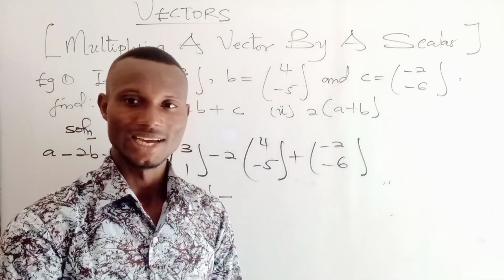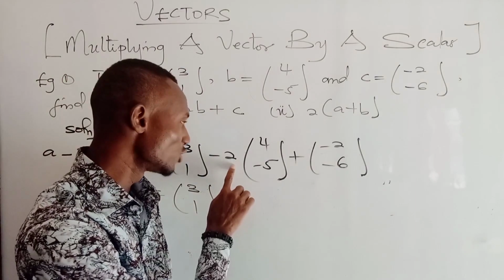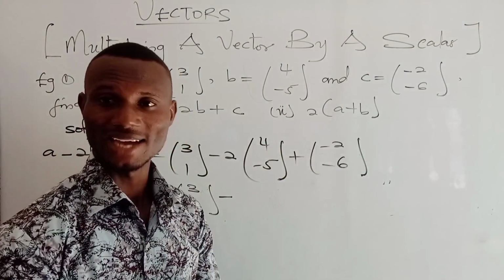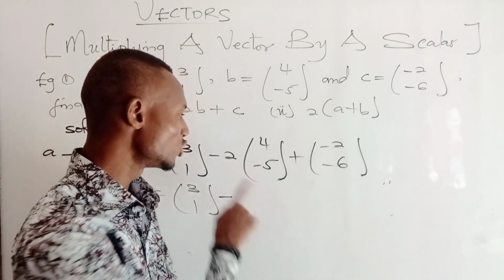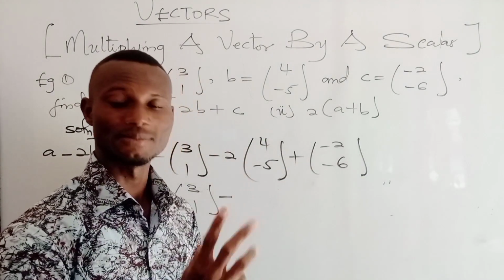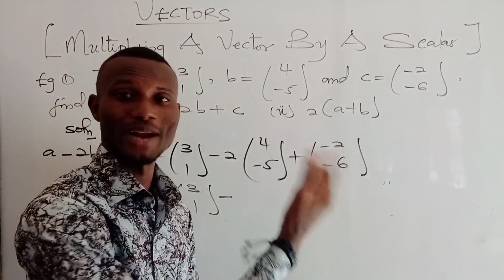I'm going to go over one more time. I said that you are going to maintain our minus here, and then we are going to use our 2 to multiply the vector. But someone might be wondering, why are we not using the minus 2 to multiply the vector and we are using only 2? I'm saying that you can do that. You can use the minus 2 to multiply the vector.